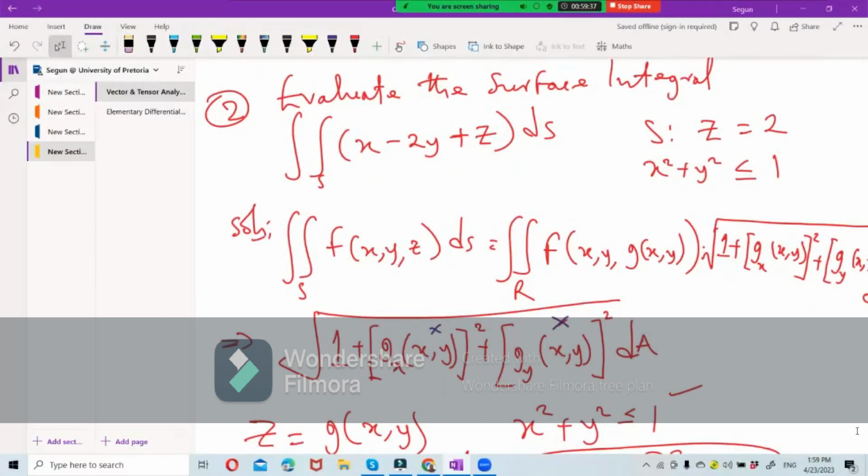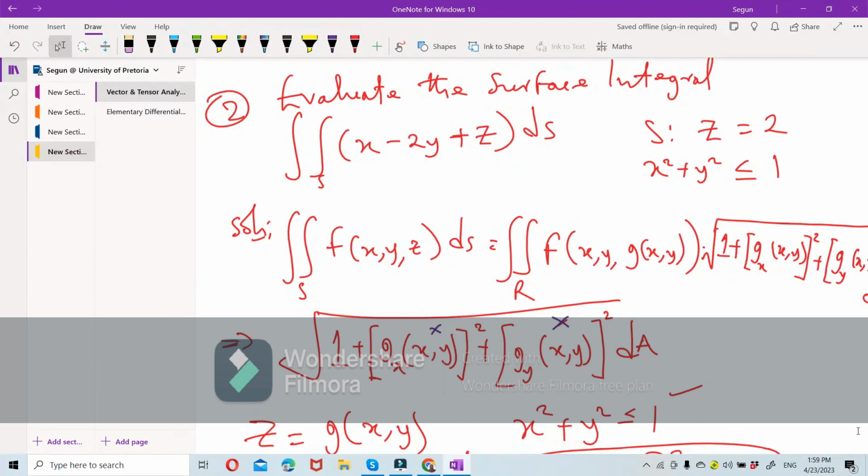Yes, that's the question. Such that z equals 2, and x squared plus y squared, not such, please. Such that z equals to this. That we are talking about limit at that point.